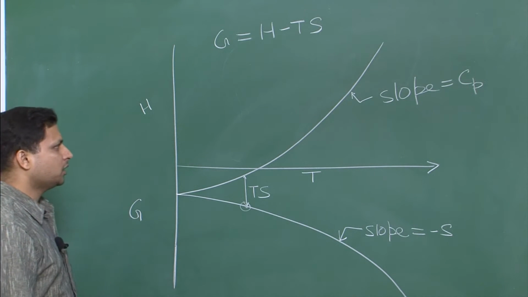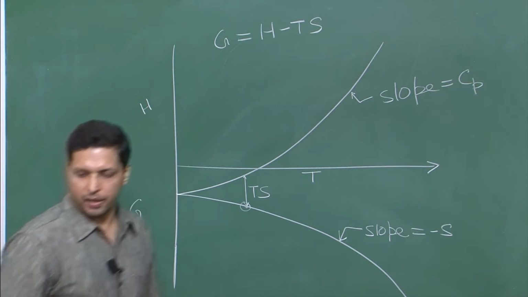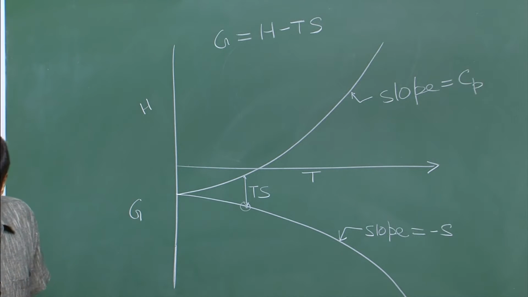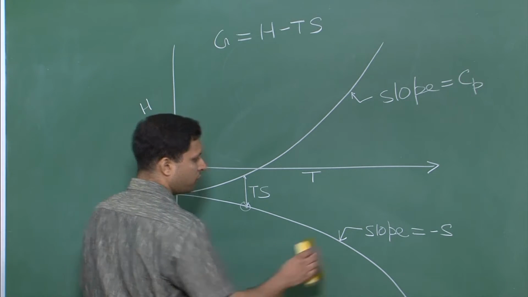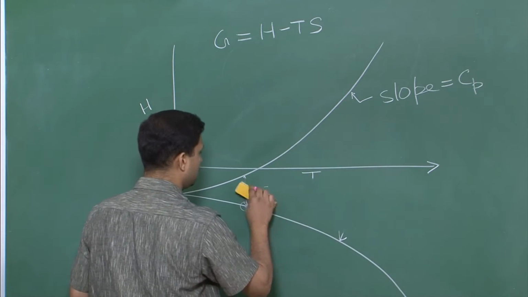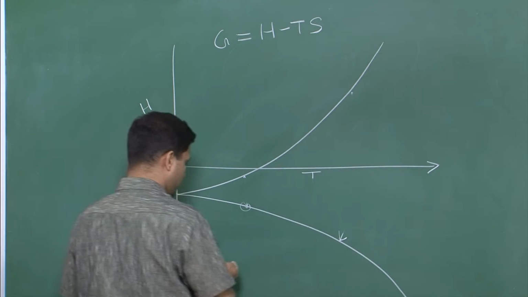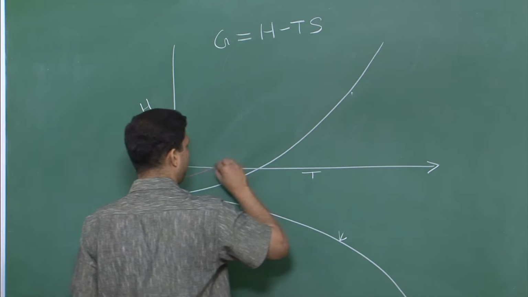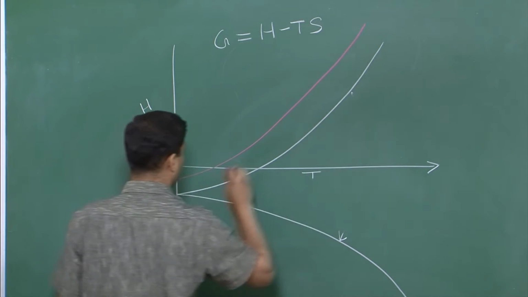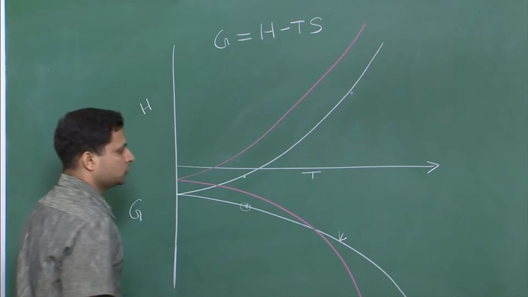Now let us say that some transformation is taking place, so we will modify it a little bit. Now we will assume that the drawing that I have drawn is only for solid, and we will add over here, so what do we see?